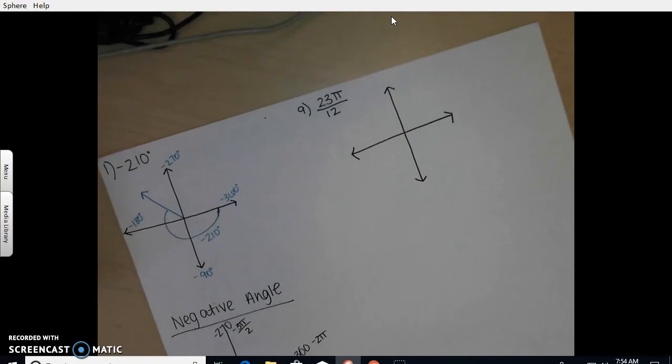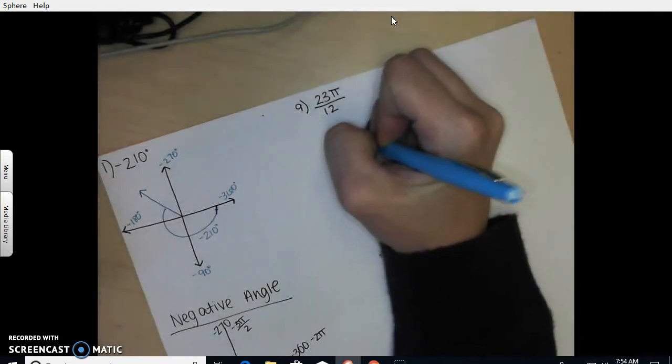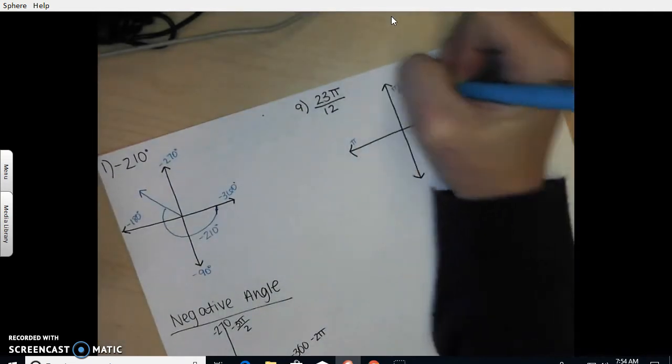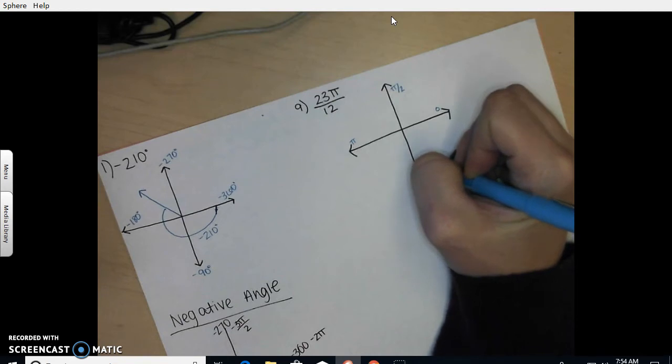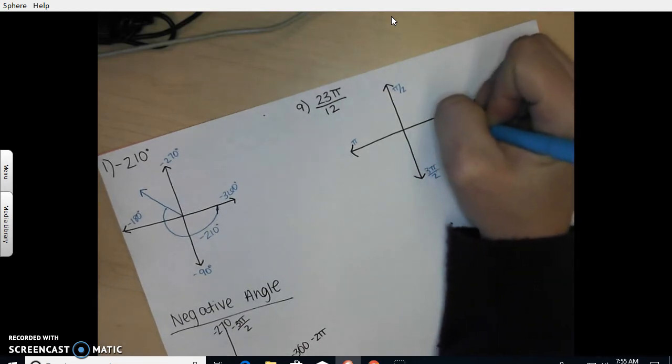Then when I have radians, I know that my radian measurements are pi, pi over 2, 3 pi over 2, and 2 pi.